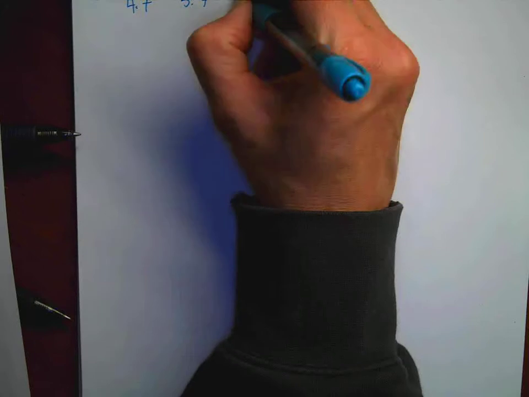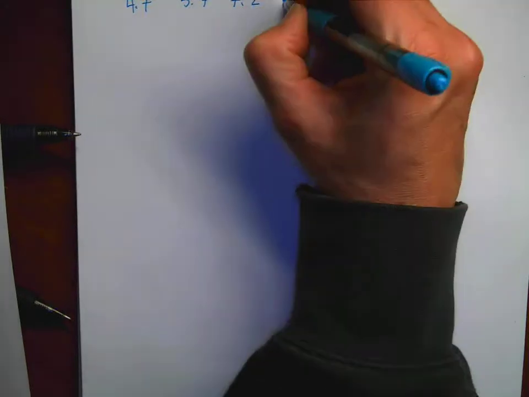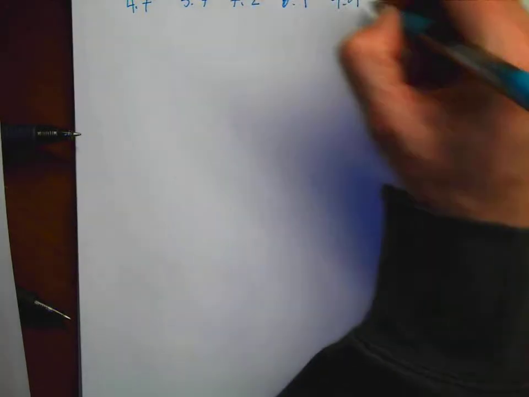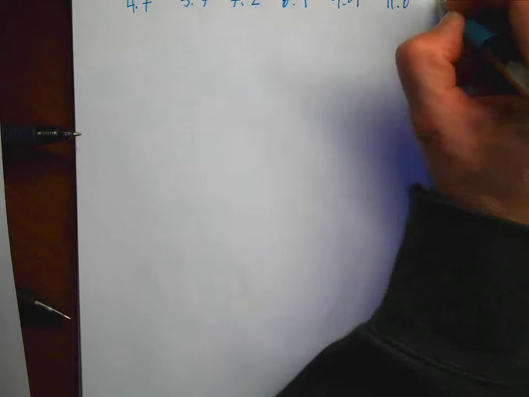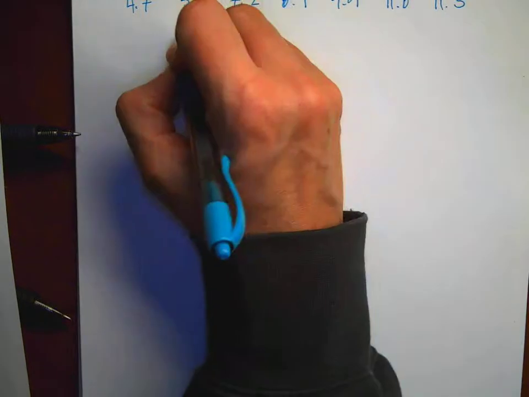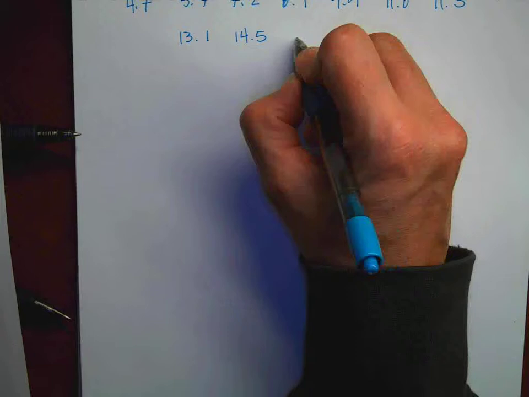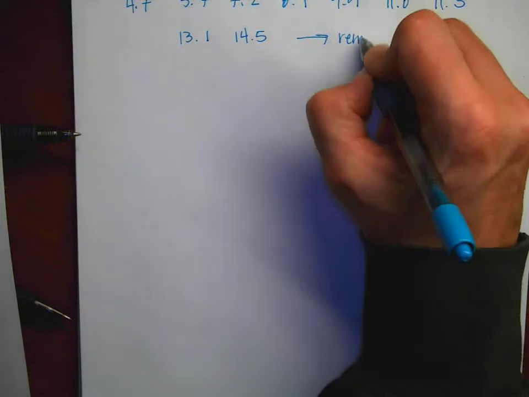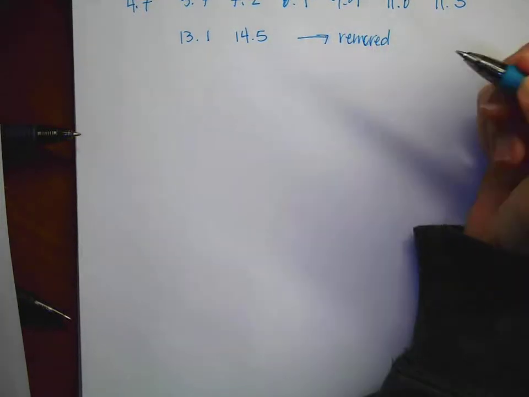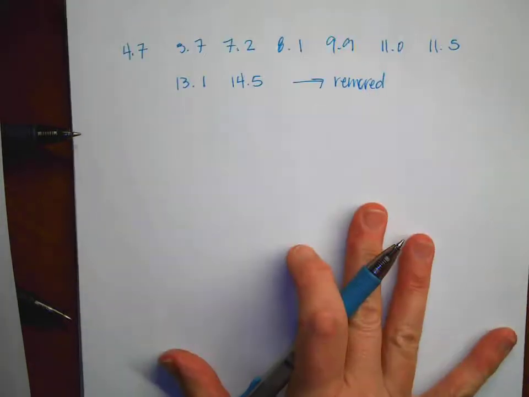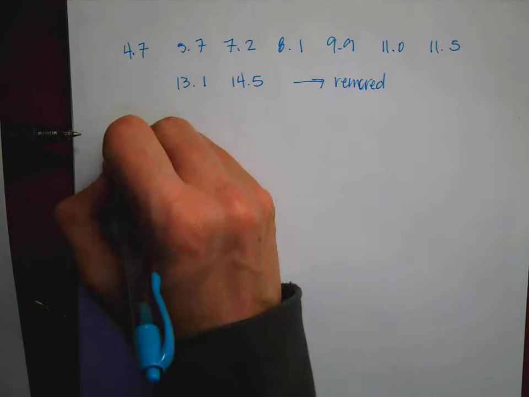I'm just going to rewrite our numbers real quick. So we have 4.7, 5.7, 7.2, 8.1, 9.9, 11.0, 11.5, 13.1, 14.5. And we removed the outlier. So let's see what happens.